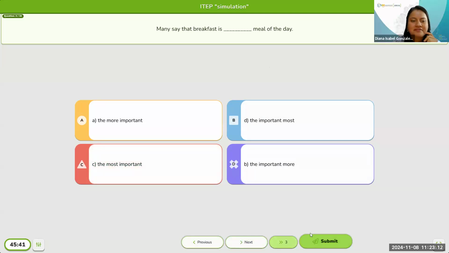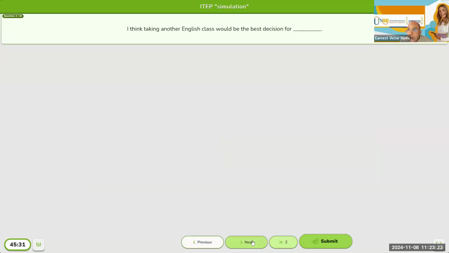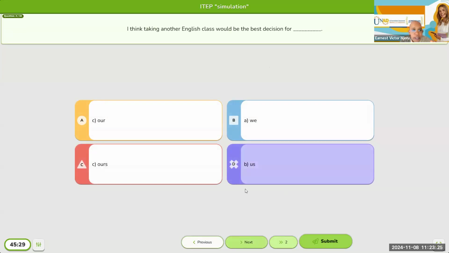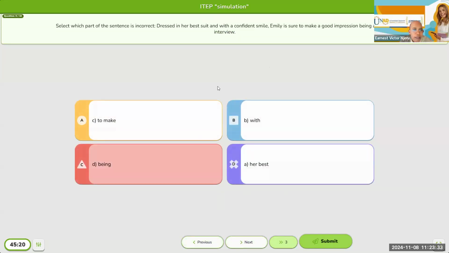They are asking us to submit. Yeah, now we submit. The most important, then we submit. I think taking another English would be the best decision for us. When we reach the 29th, we say Emily is to make a good impression of being at the job.